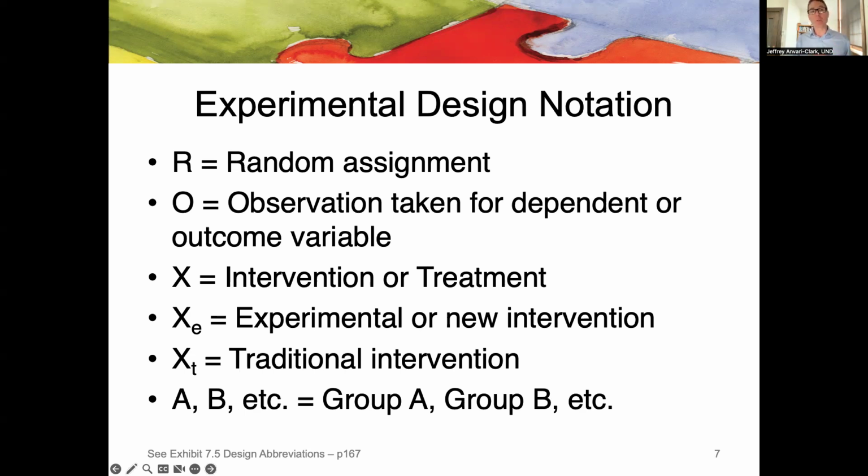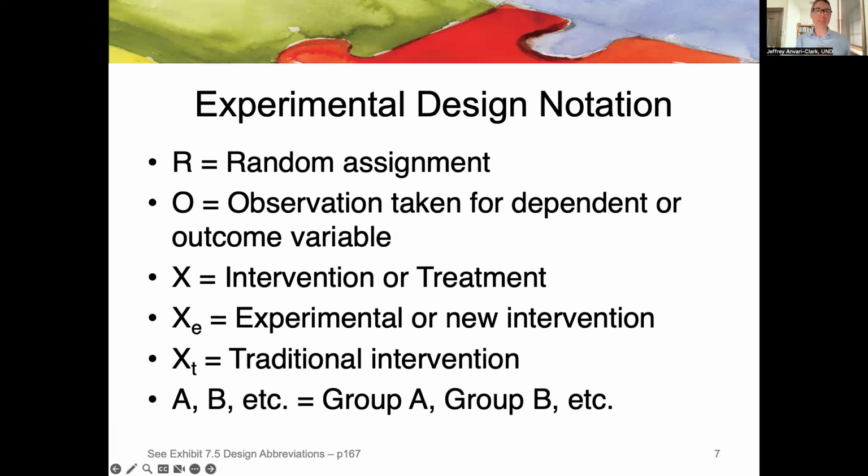And then you can have an O, which means you've got an observation that is taken at some point for a variable. And then an X would mean that you've got some sort of intervention or treatment or something that's happening. And then you've got little subnotations.